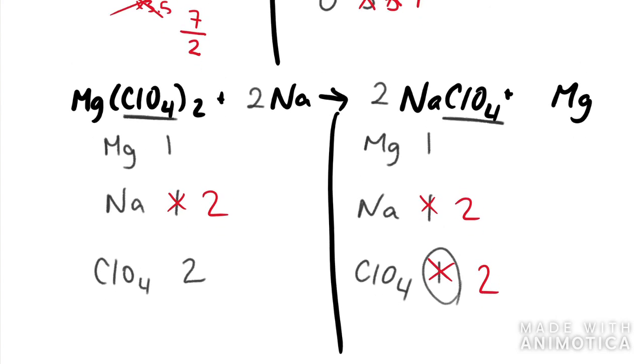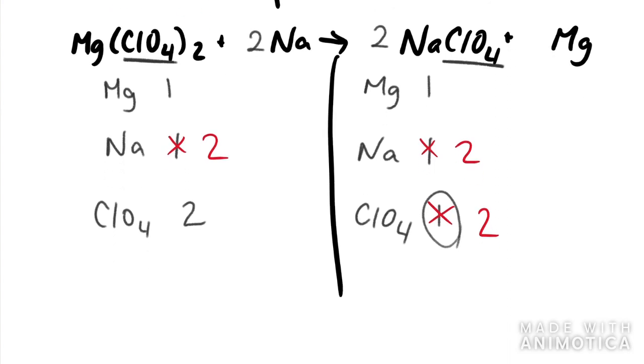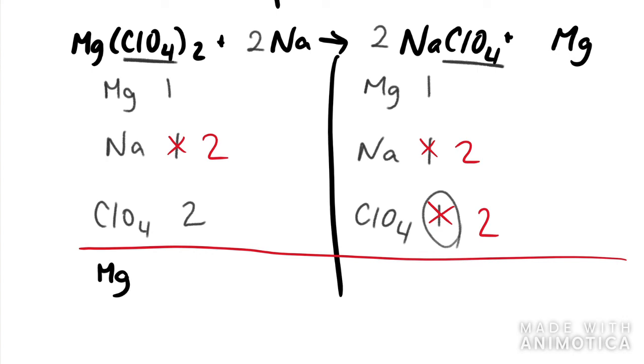So even though this looked a lot more complicated, it's not that bad. We could have done this the exact same way, but split up our polyatomic. So we could have written out Mg, Na, Cl, and O, and done the exact same thing. 1, 1, there's one of, no, sorry, chlorine.